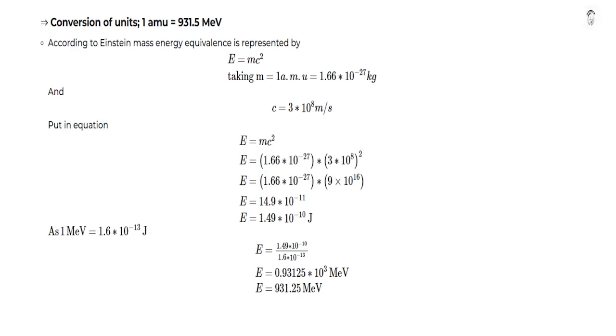And this is how much the energy is in joules. So 1 mega electron volt is equal to 1.6 times 10 raised to power minus 13 joules. I'll divide by this, and I end up with energy which is almost equal to 931.25 mega electron volts. They do not ask for this derivation or to show this very much in the exam, but anyhow, you should at least have the idea about this.